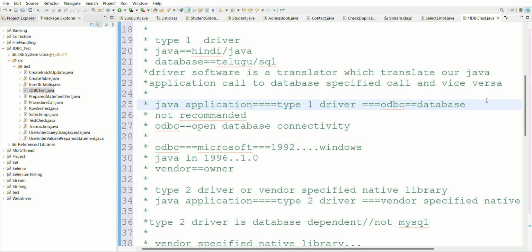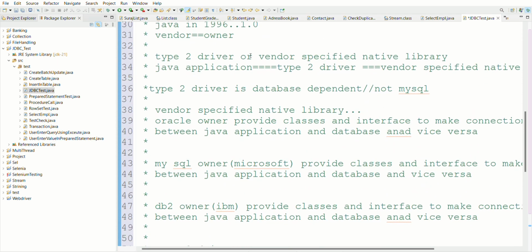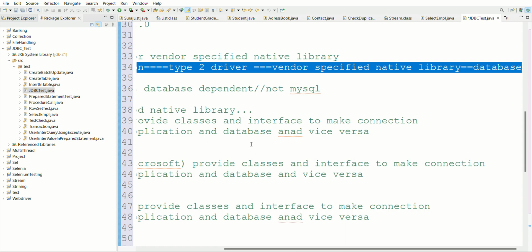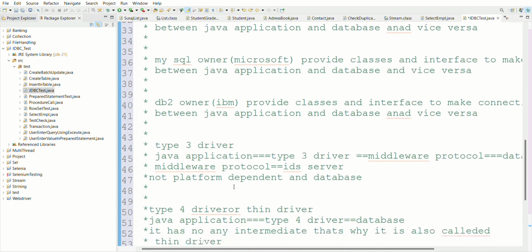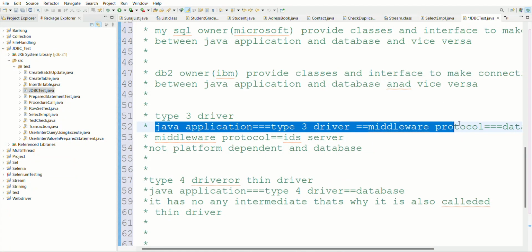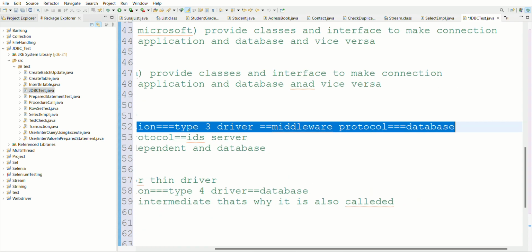Total 4 things required. For type 2: Java application 1, type 2 driver 2, vendor specified native libraries 3, and database 4. Total 4. For type 3: Java application 1, type 3 driver 2, middleware 3, and database 4. Total 4.